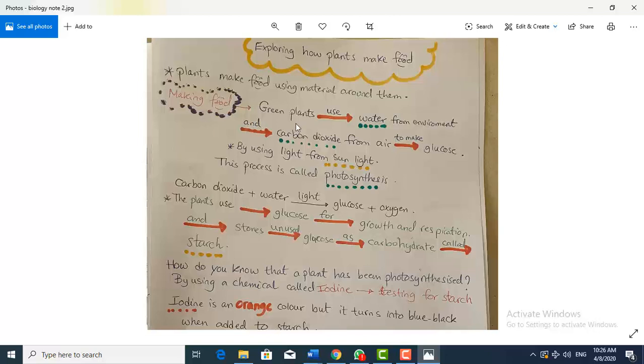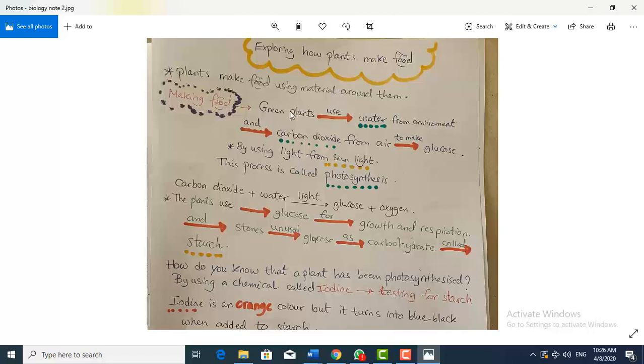But how? The green plants, for an example, use water from the environment and carbon dioxide from the air to make what exactly? To make glucose. In addition to that, they use the light which is coming from the sun in order to make their food.